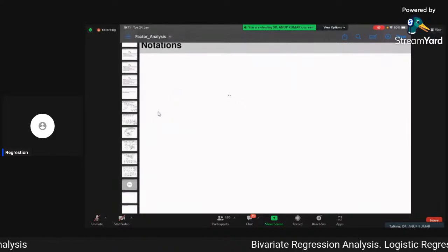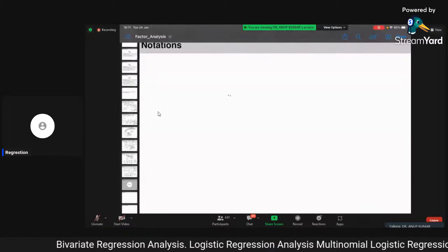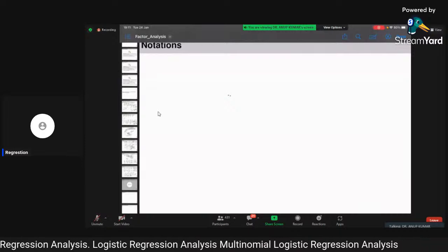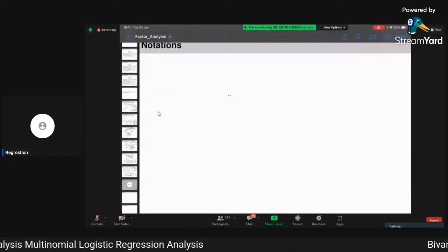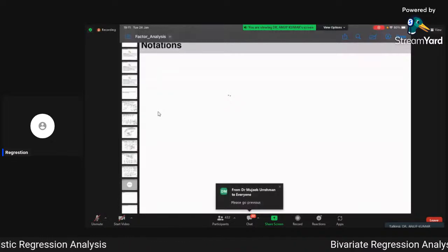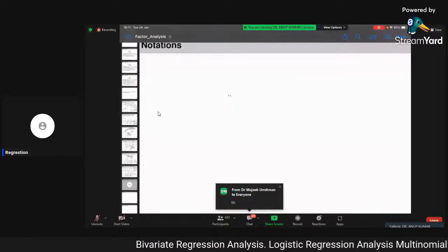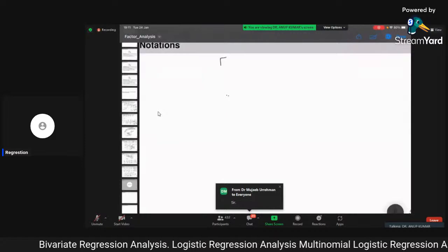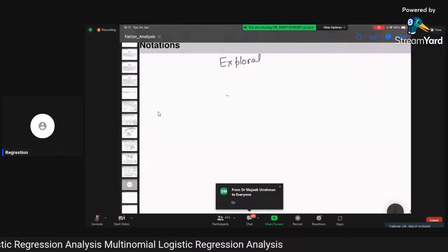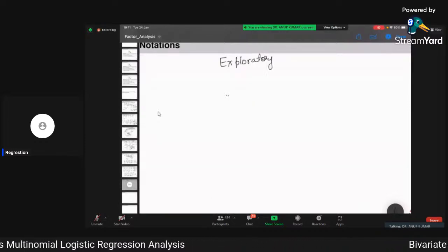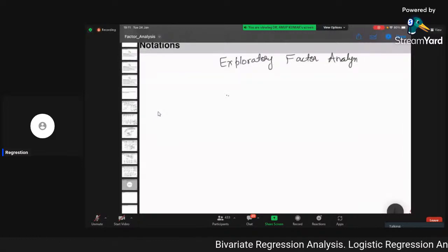What is very important for all of us to understand at this point is how these factors, which I was discussing right now, are termed as exploratory factor analysis.